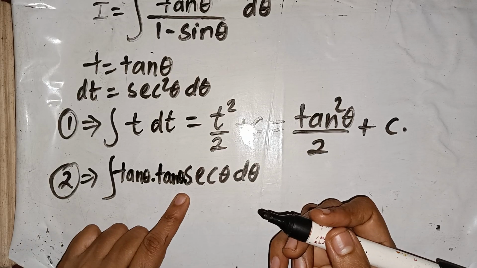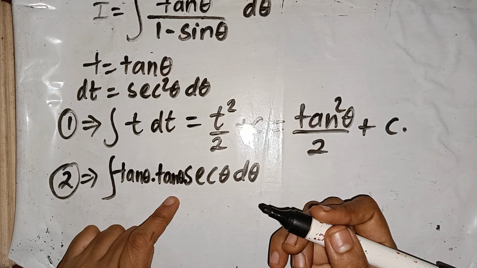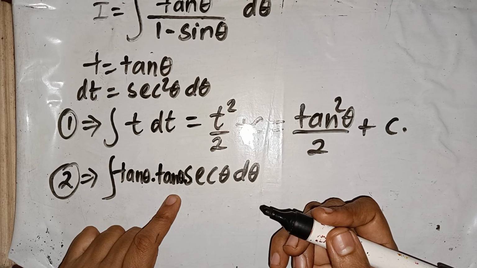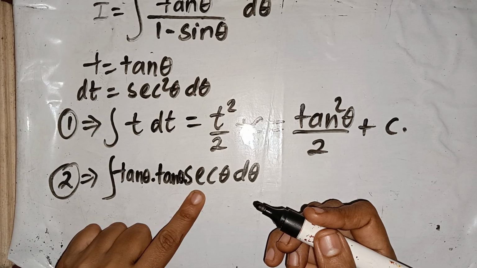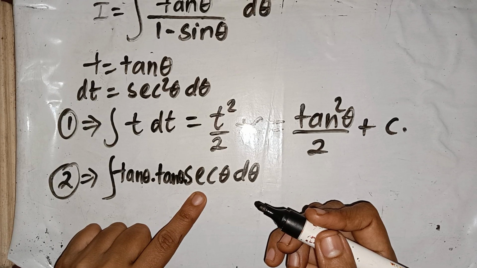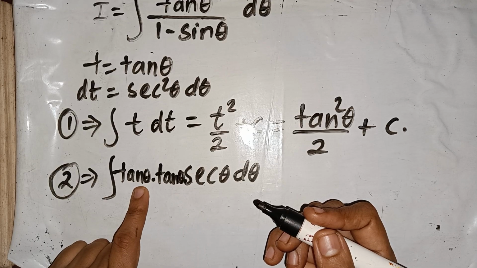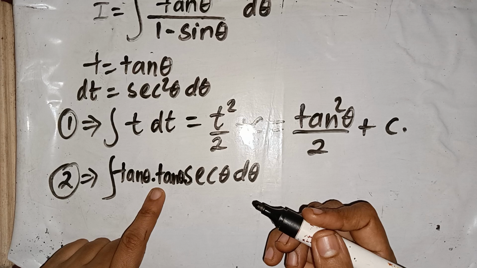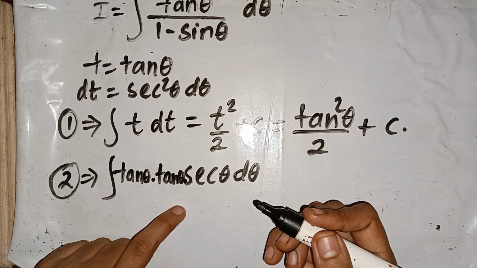Okay, so you know that tan square theta is, 1 plus tan square theta is sec square theta. So sec square theta minus 1 into sec theta.